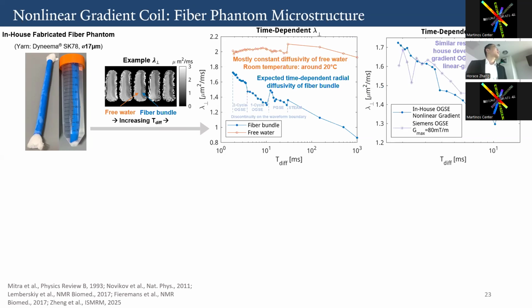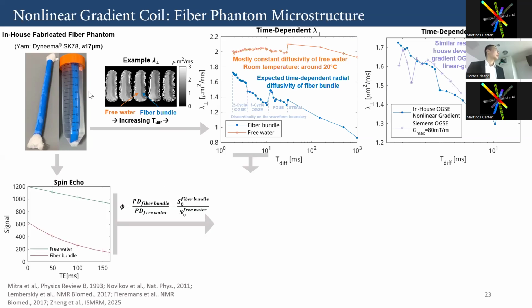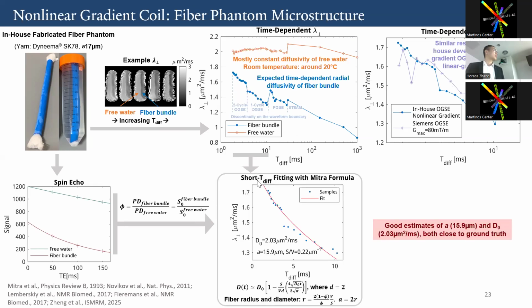We also compare our in-house OGSE sequence with the nonlinear gradient to the Siemens OGSE with the linear gradient. You can see that they have very similar results. So starting from this time-dependent radial diffusivity curve, we can do the short diffusion time fitting with the Mitra formula, which is shown here.